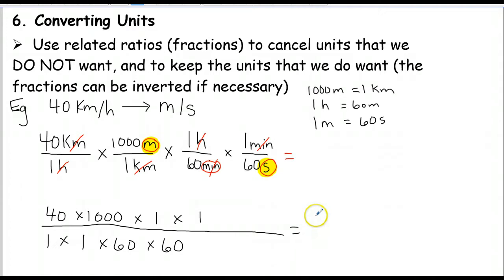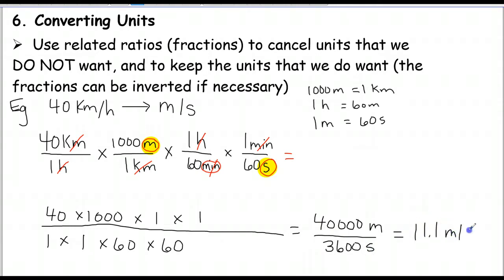And so what you end up with is 40,000 on top. And remember, our units we were left with was meters up there, and we're left with 3,600 seconds on the bottom. And so therefore our final answer is 11.1 meters per second. So what does this tell us? That if you're traveling at 40 kilometers per hour, it's the same thing as saying 11.1 meters per second. We're just taking one unit and converting it into its equivalent of another.